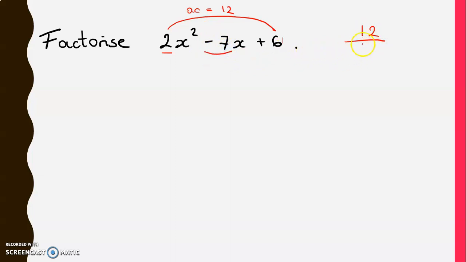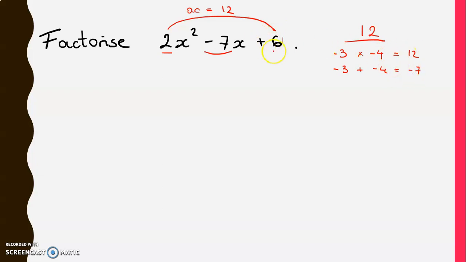You can have a go at this. I already thought about this, so it's minus 3 and minus 4. Minus 3 times minus 4 gives you positive 12, and if we add these two numbers, we find negative 7.